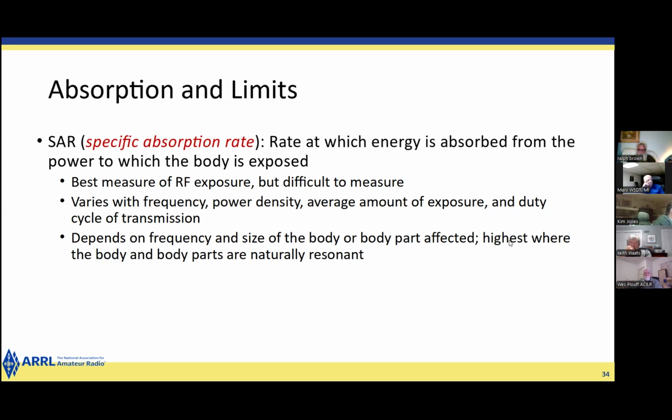So it depends on the frequency and size of the body or body part affected, and it's highest where the body and body parts are naturally resonant.